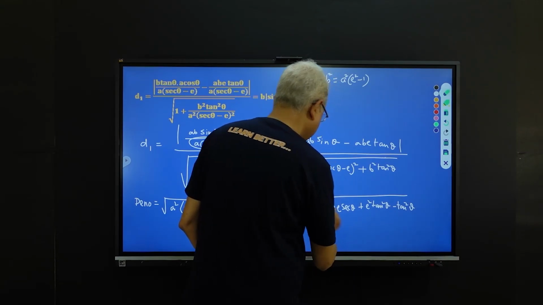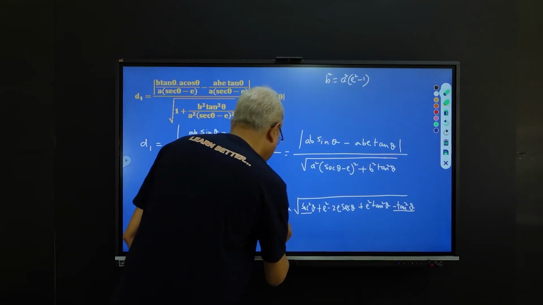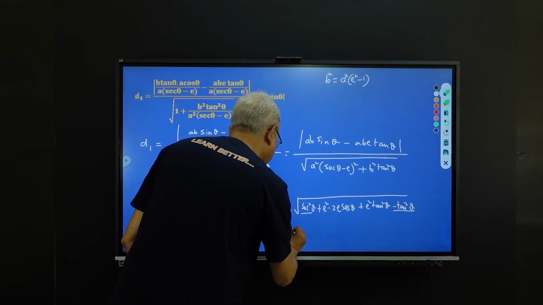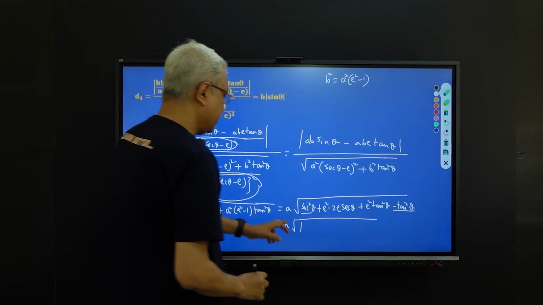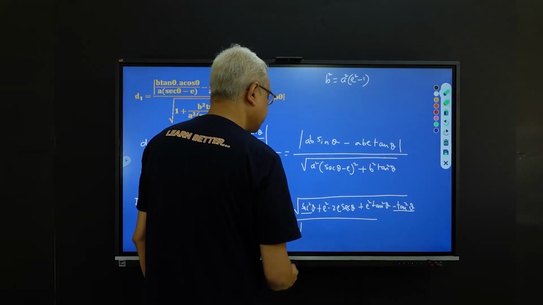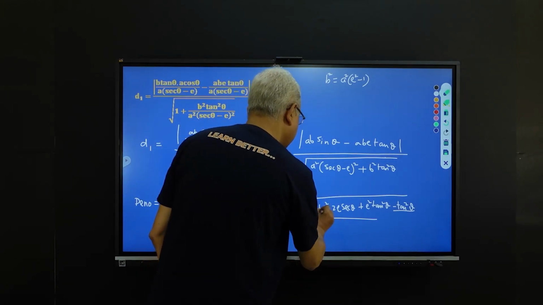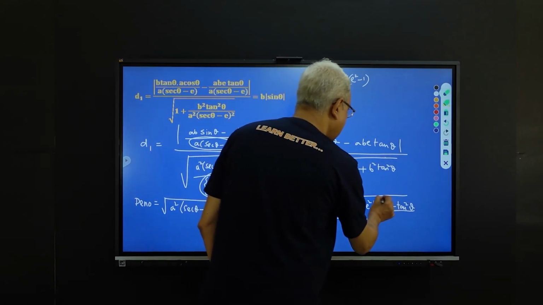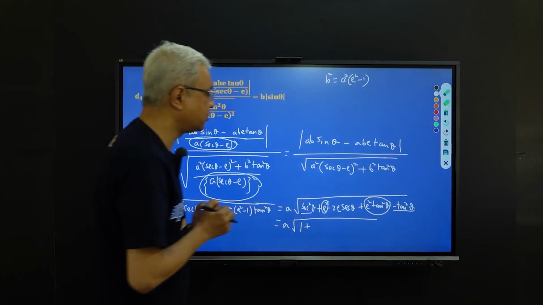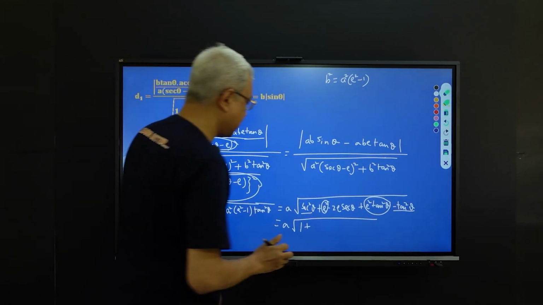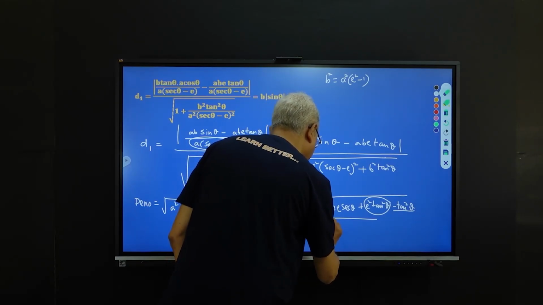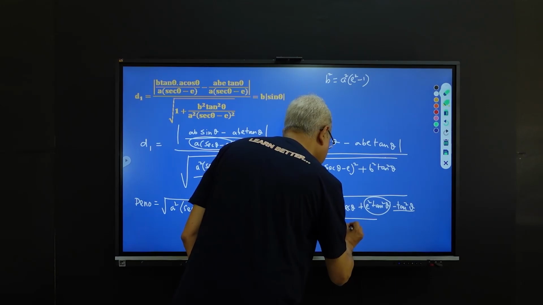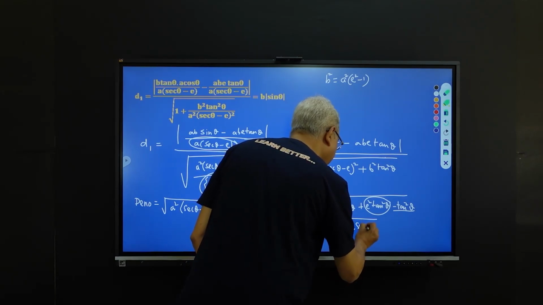So instead of these two terms, I can write 1 plus this term, and this term is e square times 1 plus tan square theta, which is e square sec square theta. So I can write e square sec square theta minus 2e sec theta.